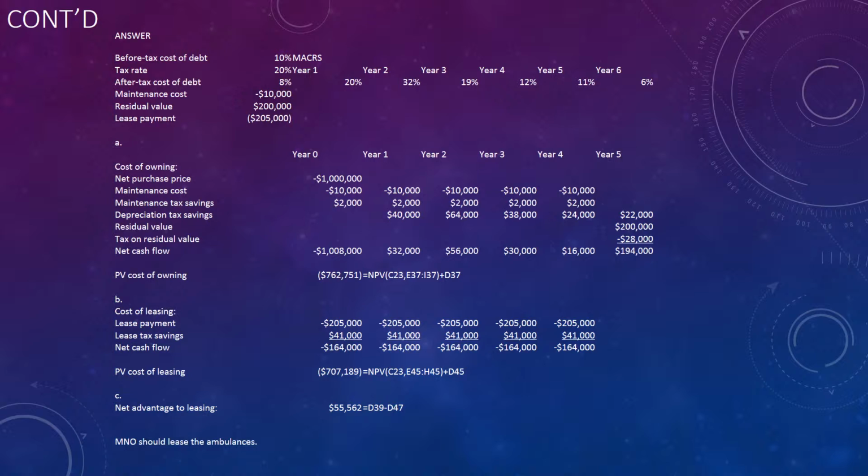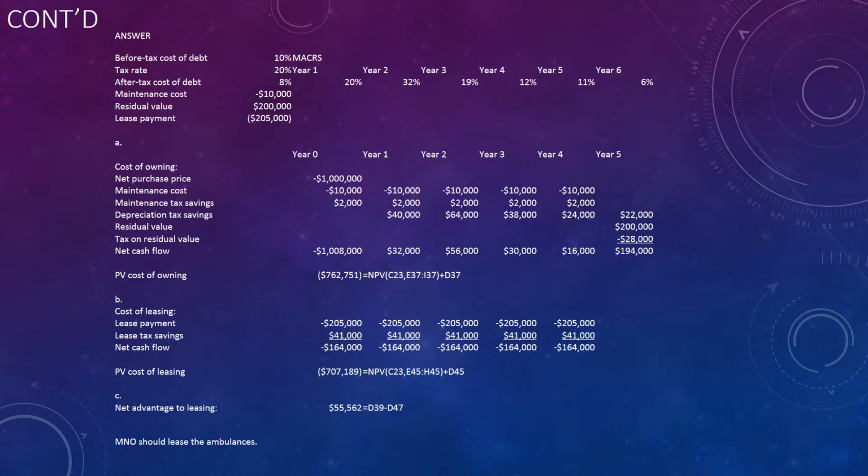You can see as it goes out with the net purchase price, you're owning, so you're paying that $10,000 maintenance cost. You've got a tax savings on the maintenance. You've got a depreciation tax savings. Notice how under the accelerated, we're depreciating them more rapidly.